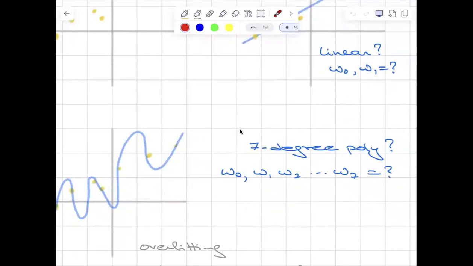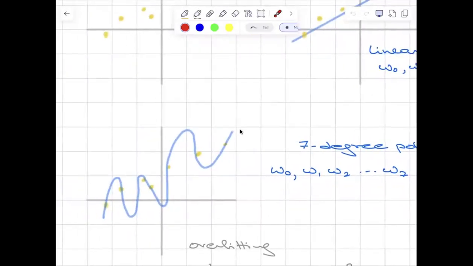Out here, if I have a 7-degree polynomial that goes up and down like this, it passes through each and every point. So my loss is going to be 0, because for these yellow points, y predicted and y actual are exactly equal. So y actual minus y predicted is going to be 0, and my loss is going to be 0.